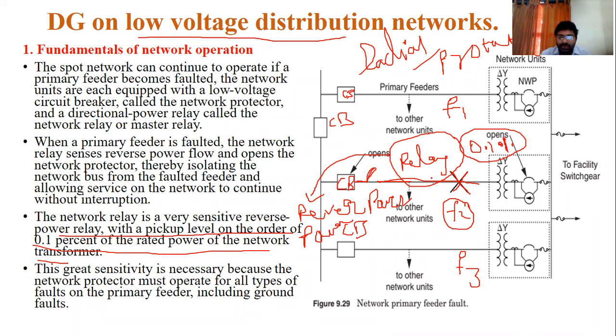But even though this is a variable network, why can you tune this relay to a very sensitive level? Because of this reason: the network protector must operate for all types of faults. You can protect the system and these feeders from all types of faults. That's why you can tune this relay to very low, very sensitive levels.